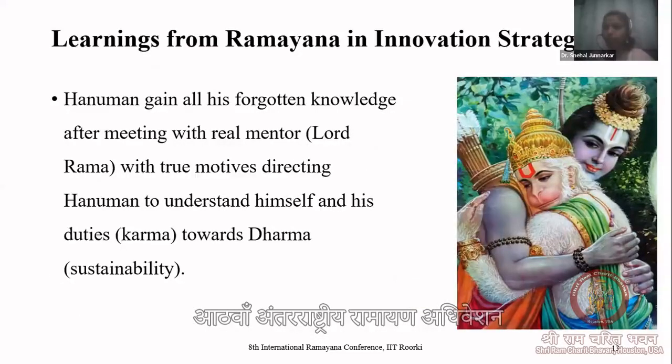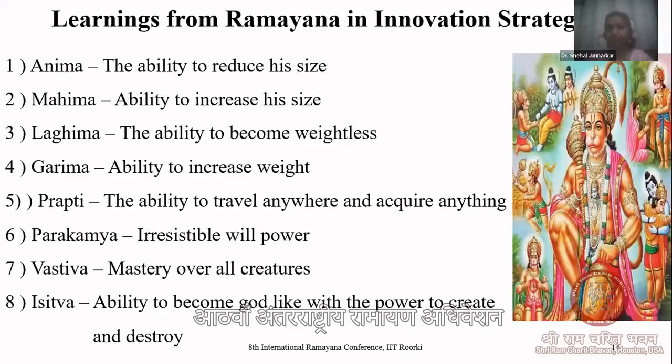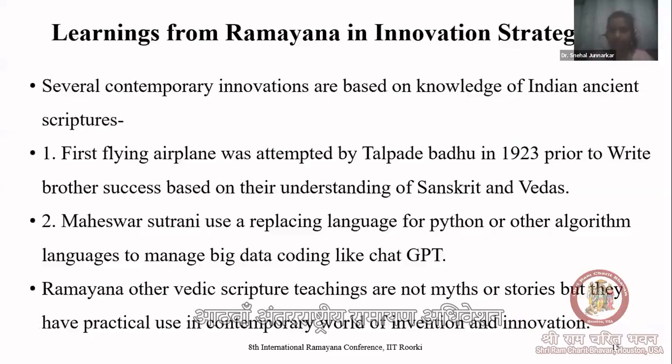Hanuman: it's not only about the researcher or inventor, but the guidance, the mentorship, the goal given to the researcher should be clear, in line with Ramayana's teaching of Karma Shastra. So it can lead to dharma and sustainability. Hanuman had all these abilities, and he understood that he had them when he met a mentor like Rama. So our students, innovators, or any project team should have a leader who can mentor and guide the team towards dharma and sustainability.